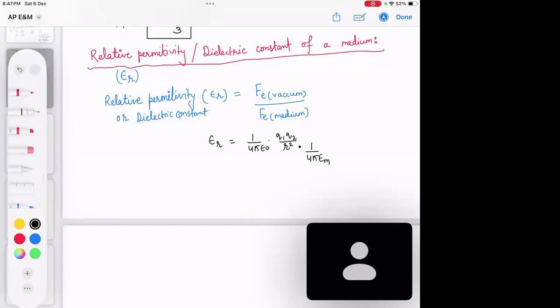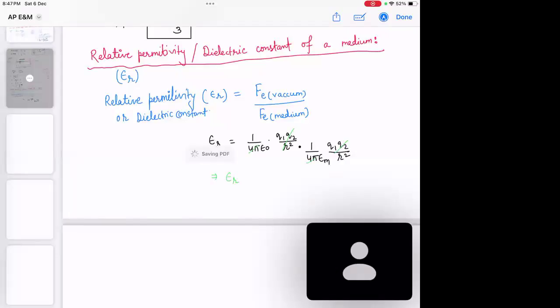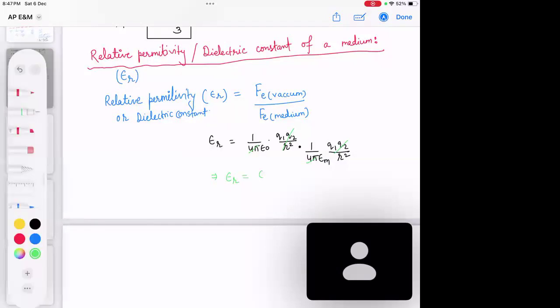So, 1 by epsilon, simplify it. Q1 Q2 by r square gets cancelled out. Epsilon r is equal to epsilon of medium by epsilon naught. What did we get here? Epsilon r, the relative permittivity of a medium, is the ratio of the permittivity of the medium to the permittivity of free space.